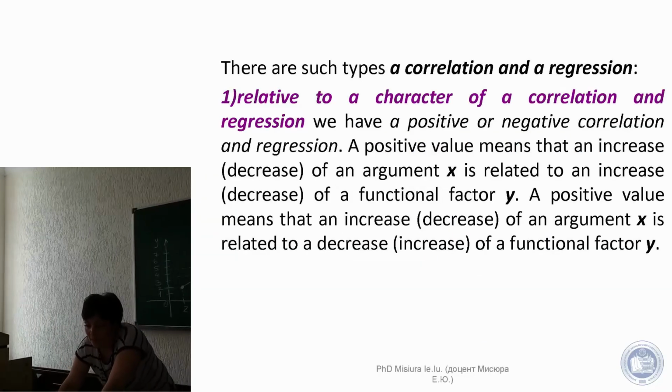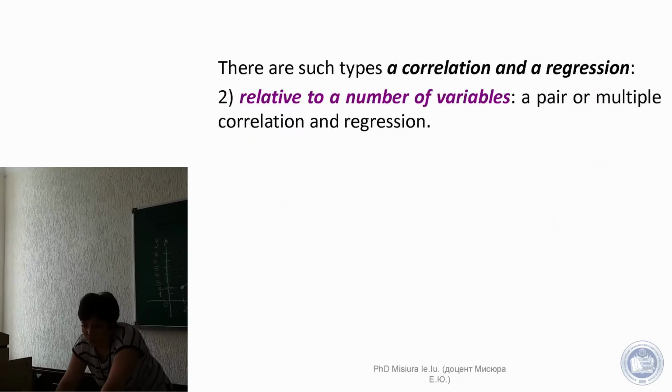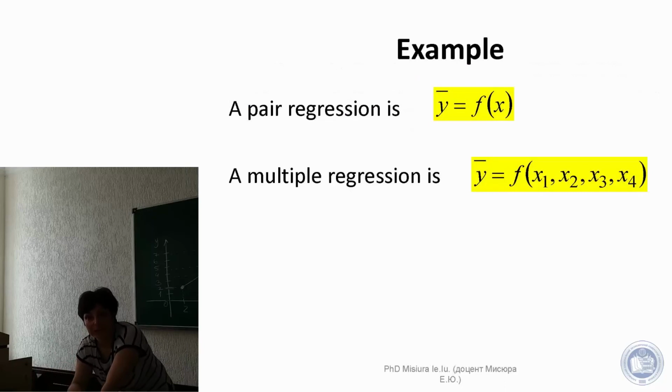Next, number of variables. So for example, students, if you have two variables, it means first is independent, second one is dependent. We have pair regression. Это парная регрессия. Pair regression means 1x, 1y. Next regression is called multiple regression. How to explain?